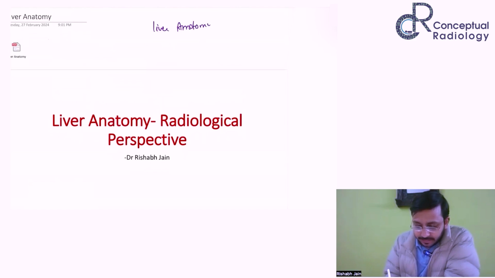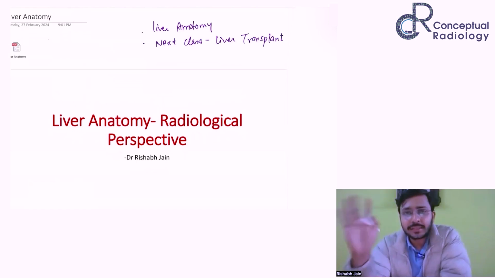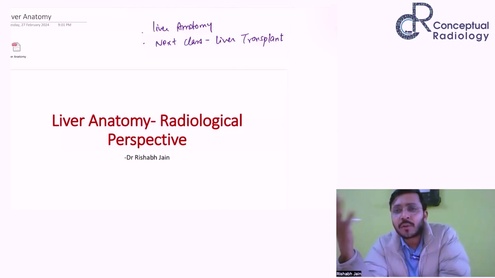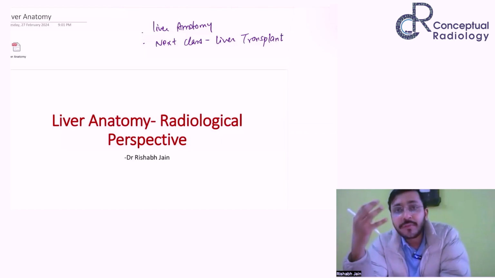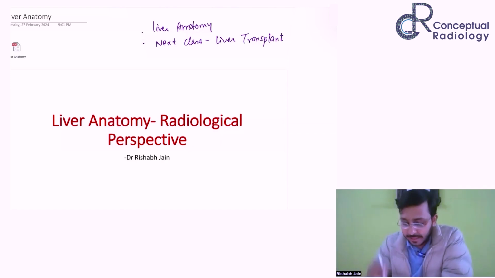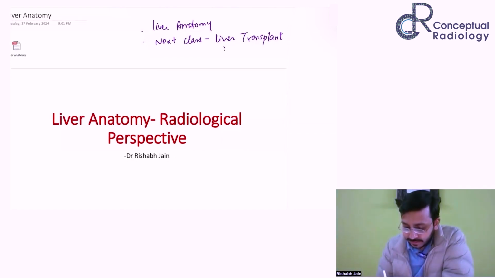And in the next class I'll discuss liver transplant imaging, because liver transplant imaging is a totally different topic than the rest of the hepatobiliary system, and it is not really related to a lot of pathologies that we read in the hepatobiliary system. It is more connected to the anatomical aspects of variations, what to report in a liver transplant patient, and this transplant imaging is very specific to liver transplant centers.